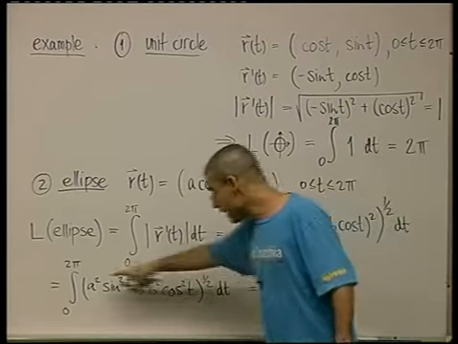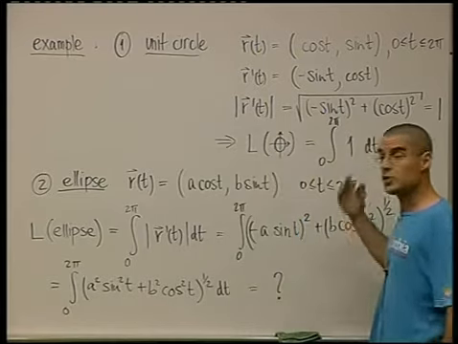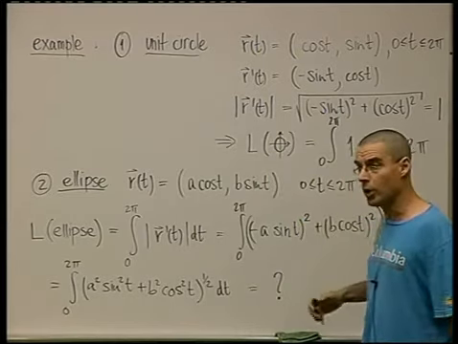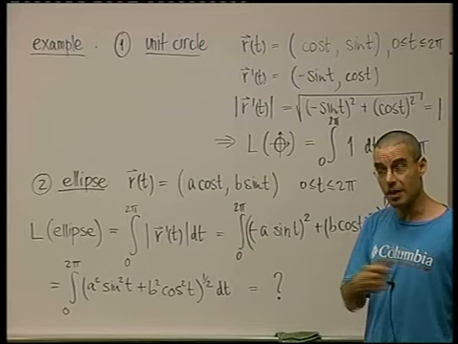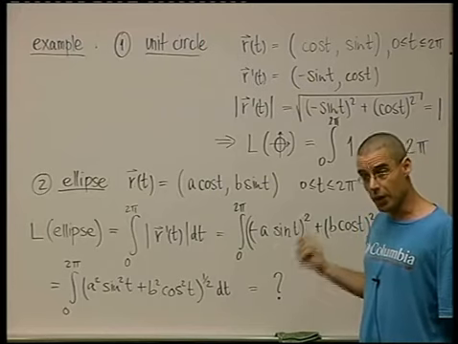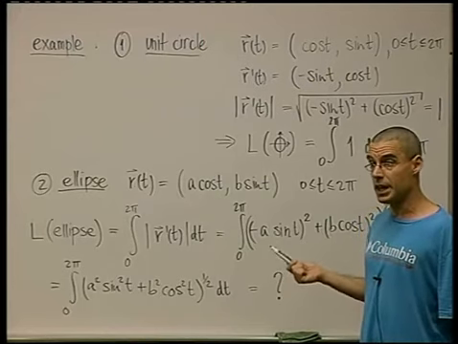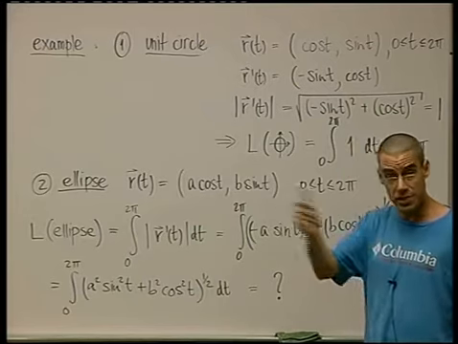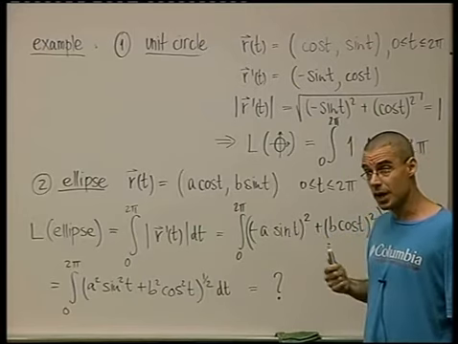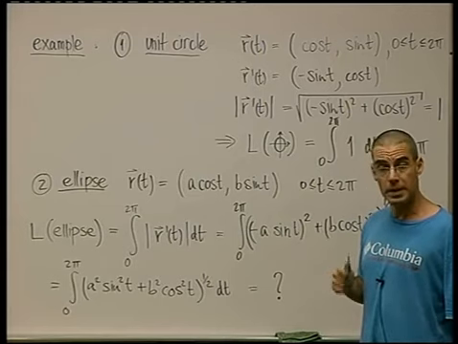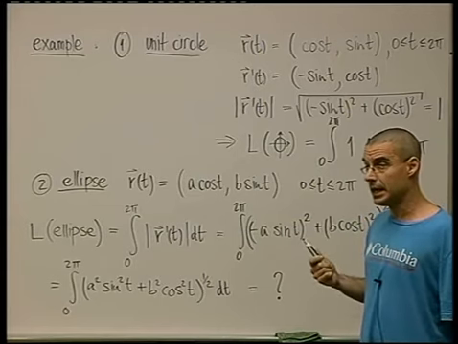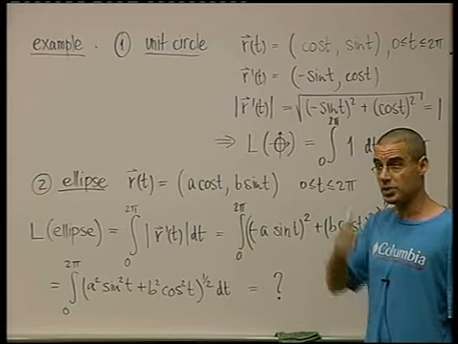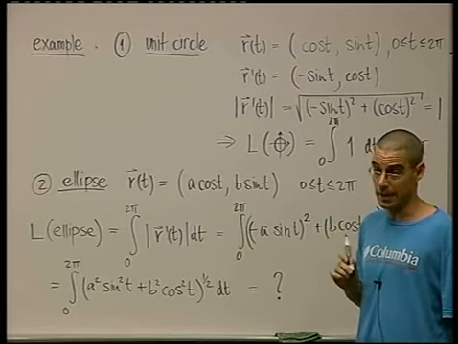And in fact, over history, people really wanted to know lengths of ellipses, because in astronomy, the planets that orbit their sun, I don't know if you knew this, orbit the sun in a path that is an ellipse, where the sun sits in one of the foci.